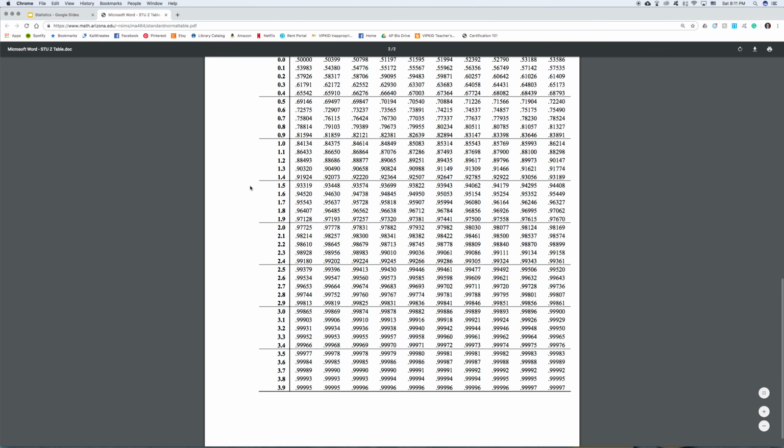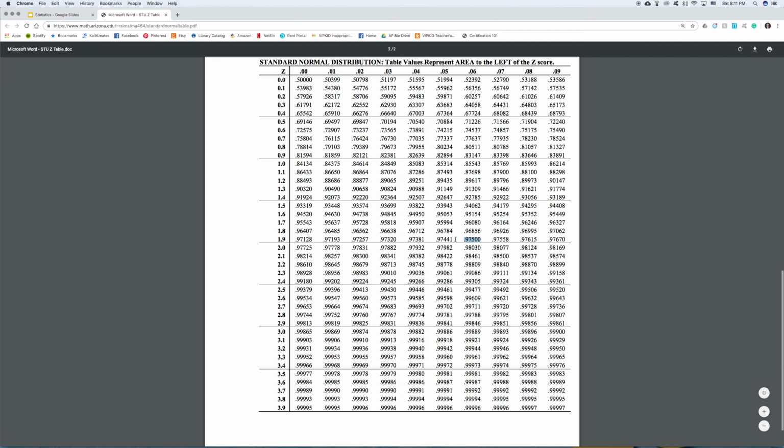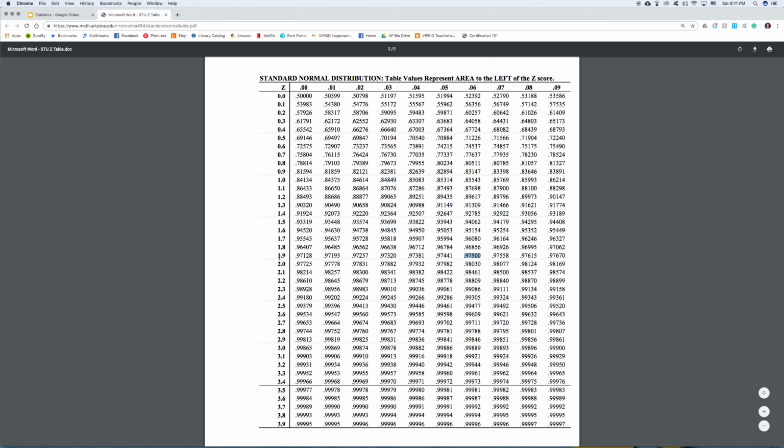And you would do the same thing with the second example, where you're looking at the z-scores for the top 2.5% and the bottom 2.5%. So you're looking for the score that corresponds with 97.5. I think that's right. So you're going to be right here. 97.5% on the nose. So that's 1.96.